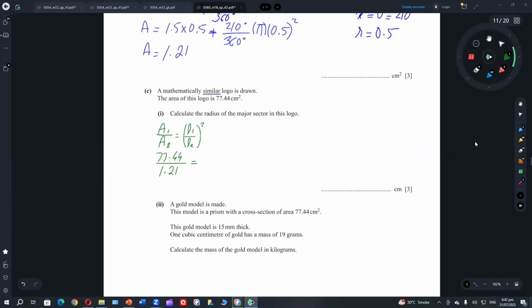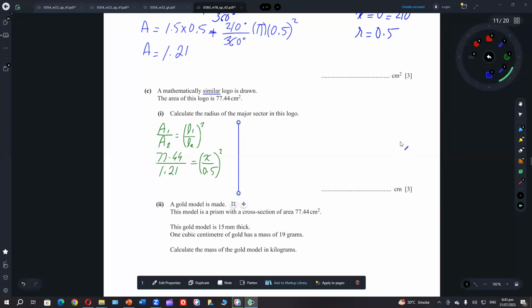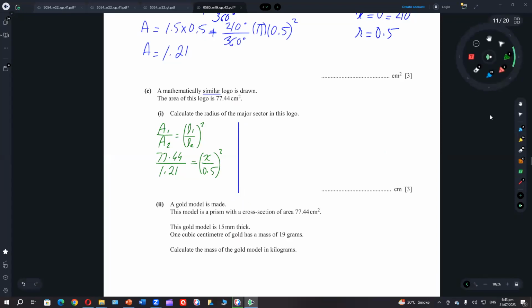He is asking me to get the radius of the bigger sector. So first copy this much. Yes, sir. So the length could be considered as radius as well. Length is a simple unit. It can be anything. Length is anything straight. Can you help me to divide this 77.44 divided by 1.21? How much is this?